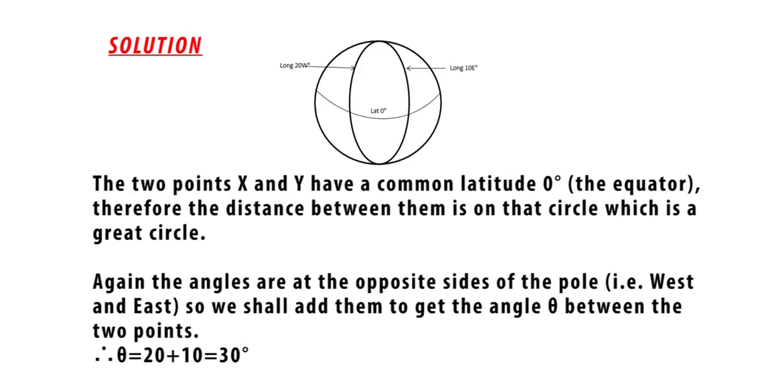Again, the points are on opposite sides of the prime meridian. That is, one is on the west and one is on the east. So to find the angle between them, we add the two angles. So in this case, our theta will be equal to 20 plus 10, and that is 30 degrees.